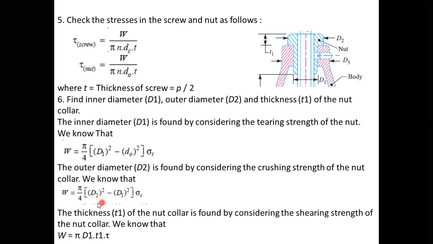Here capital D2 is the outer diameter and capital D1 is the inner diameter of the nut collar, and sigma c is the compressive stress. The thickness T1 of the nut collar is found by considering the shearing strength of the nut collar. We know that W is equal to pi into D1 into T1 into tau.